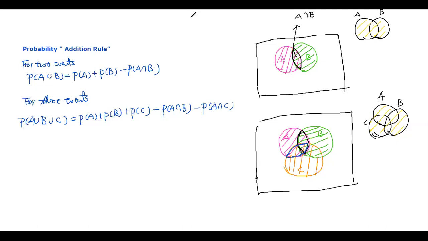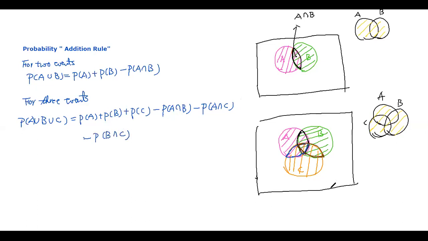And now let's take a look at this area. This is BC. Because you have the gold and the green, I need to minus out BC.